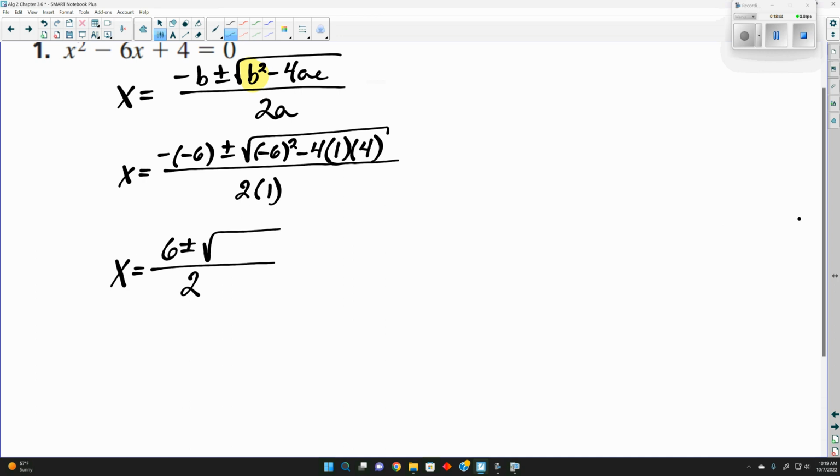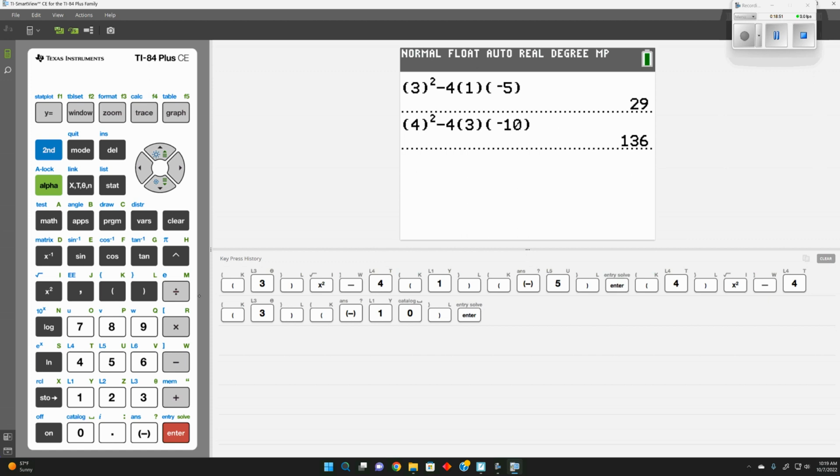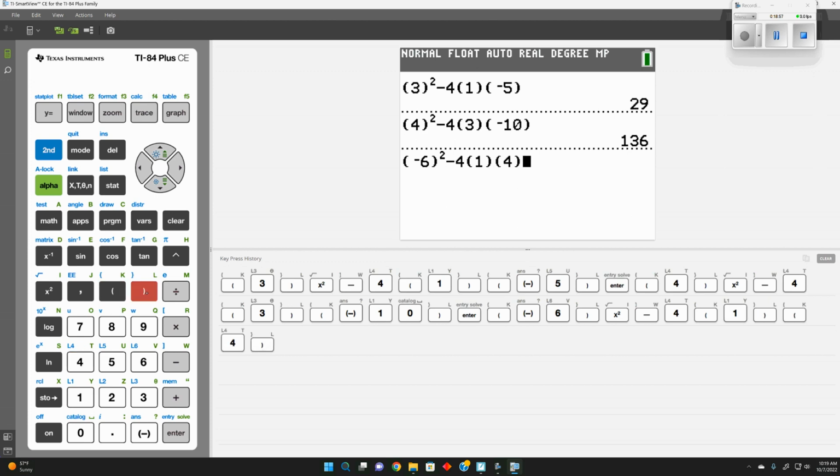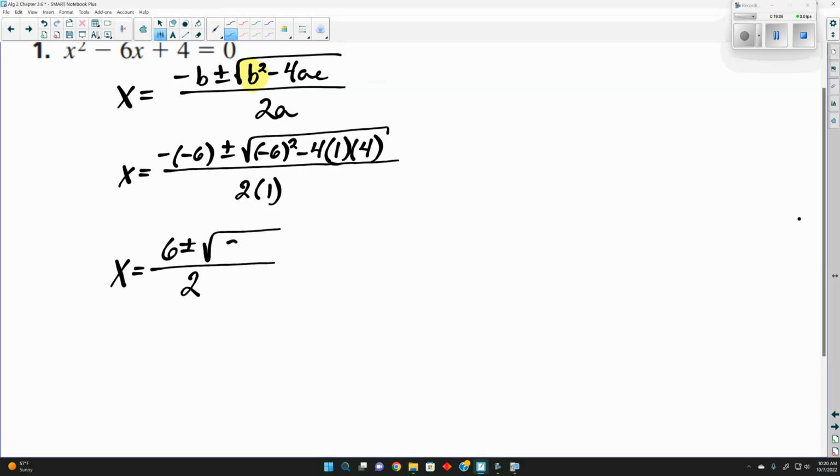So the only other thing we need to simplify at this point is our -6 squared minus 4 times 1 times 4. So on the calculator, we could say -6 squared minus 4 times 1 times 4, which gives us 20. So the number inside the square root is 20.